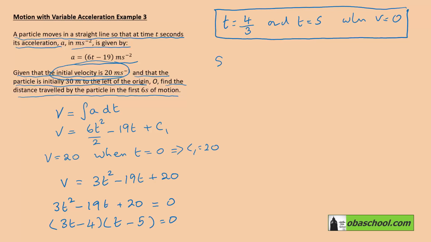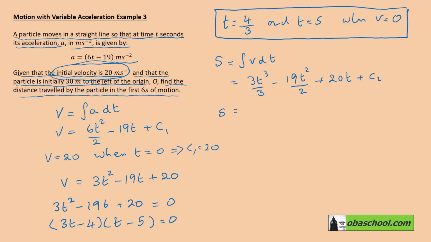Now if we go for the displacement, which we know is the integral of the velocity, that's going to be 3t cubed over 3, take away 19t squared over 2, plus 20t plus c2.